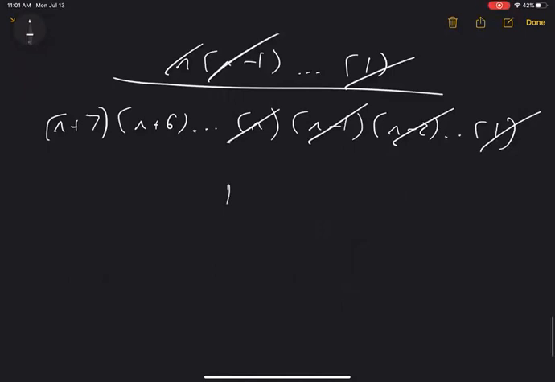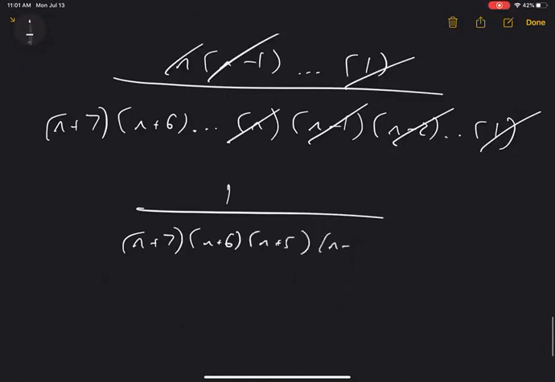What would I be left with? I'd be left with a lot, but it would stop there. That's all I have, so it doesn't go all the way down to 1. It just goes to n plus 1.